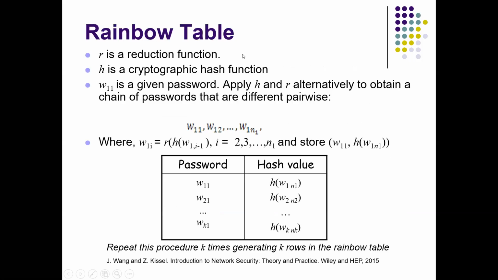All right, so the idea of rainbow table is the following. Now let me start a screen so I can draw up something. Okay. So as we said, what we want to do is to make dictionary attack manageable.